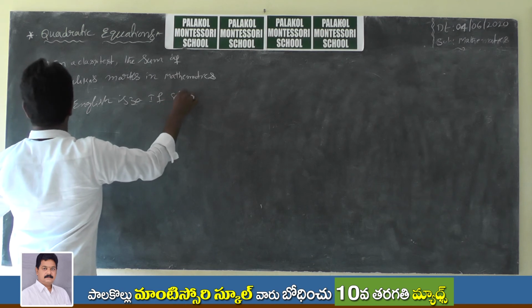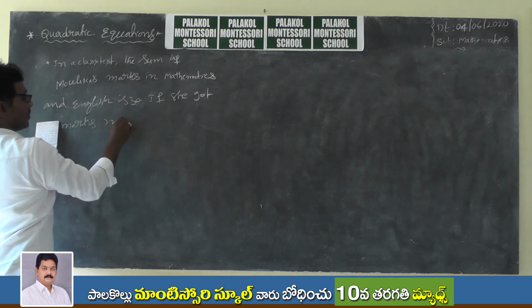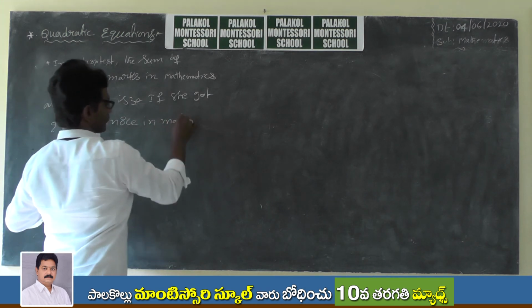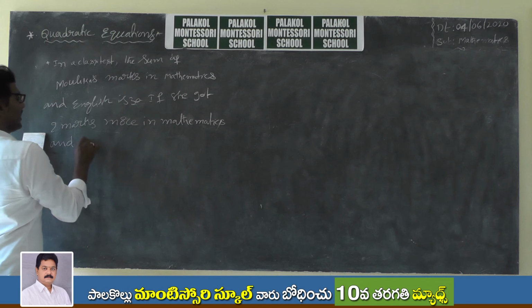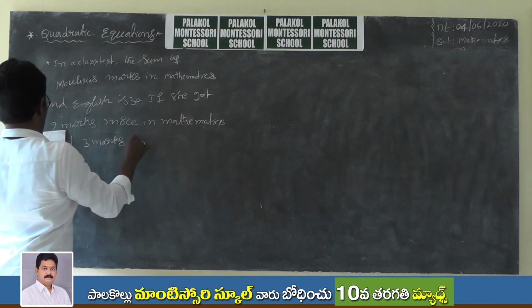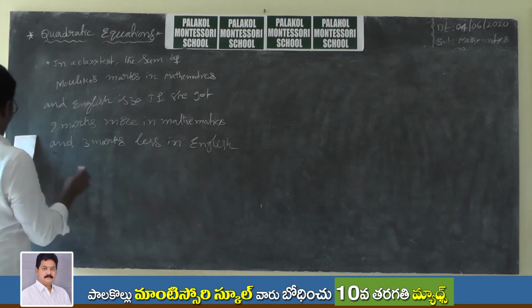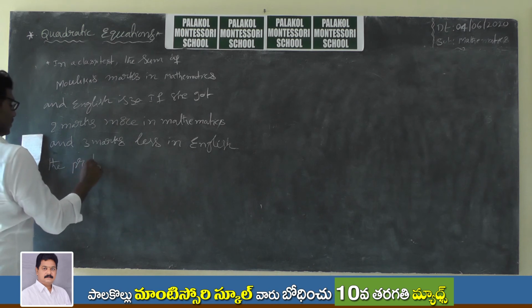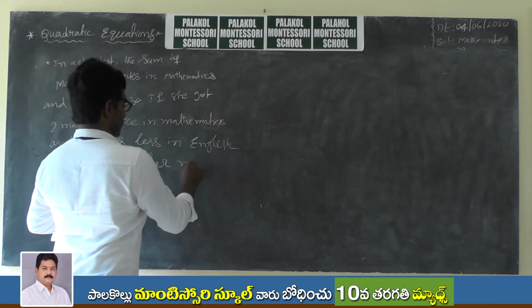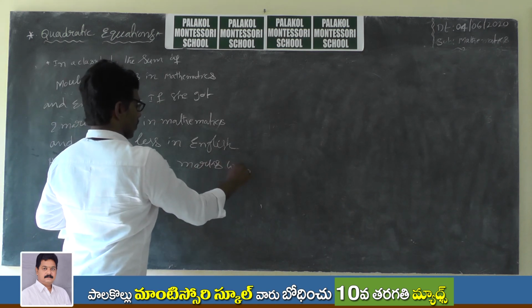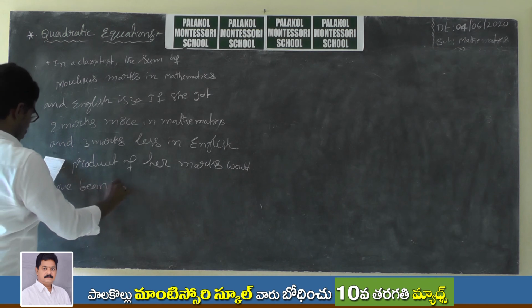If she got 2 marks more in mathematics and 3 marks less in English, the product of her marks would have been 210.